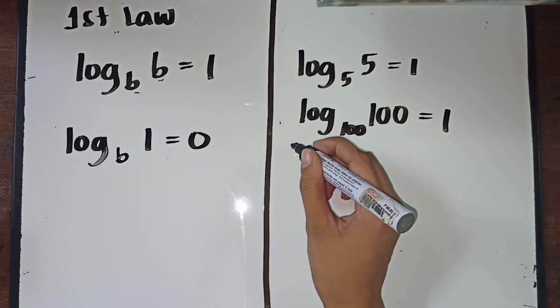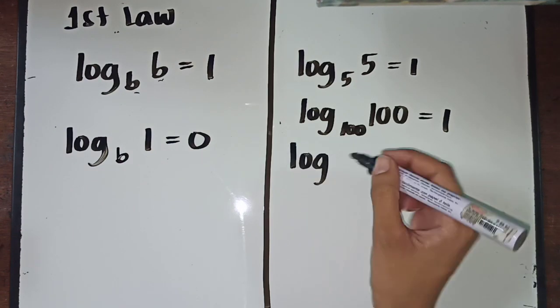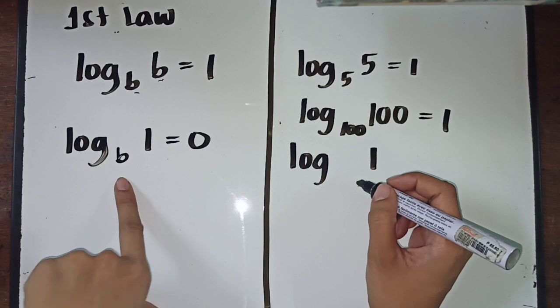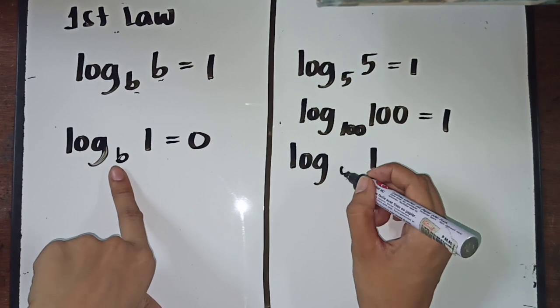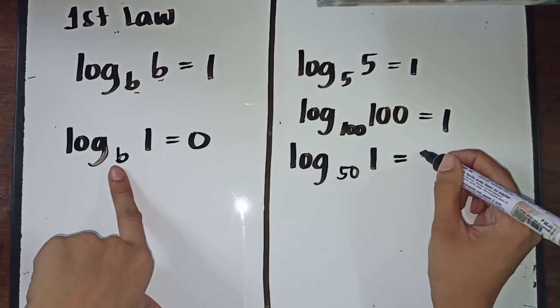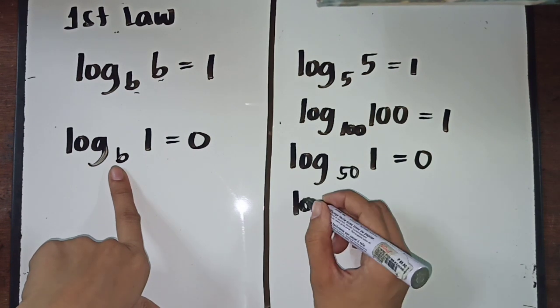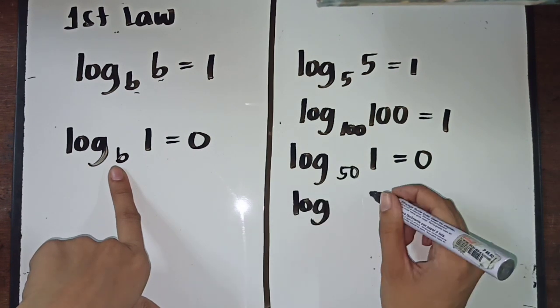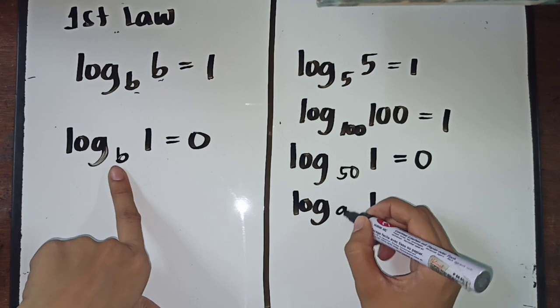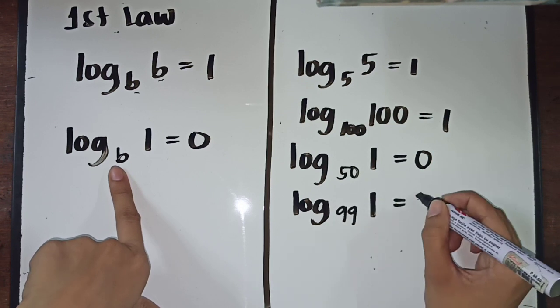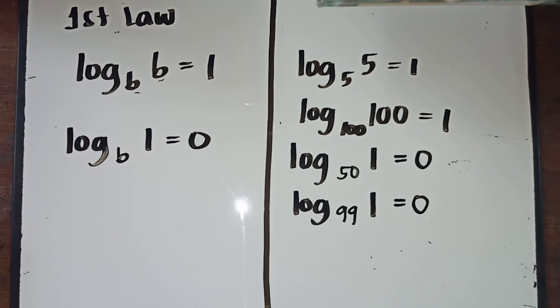So, for example, kung meron tayong logarithm of 1 to the base 50, so the answer is always equal to 0. Okay, so kung meron tayong logarithm of 1 to the base 99, so the answer is still 0.